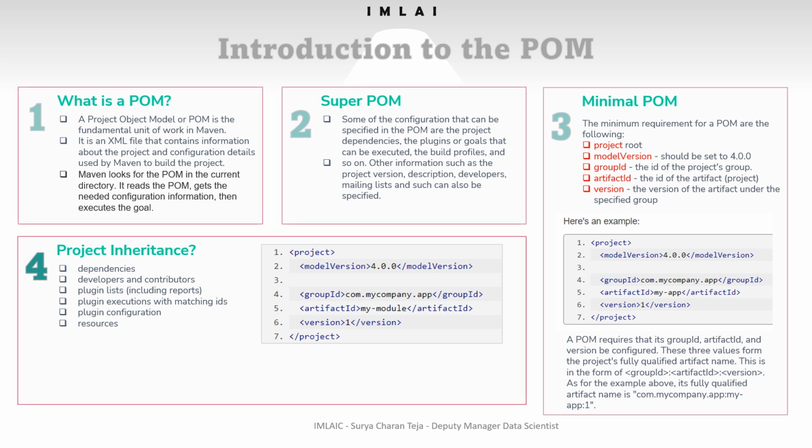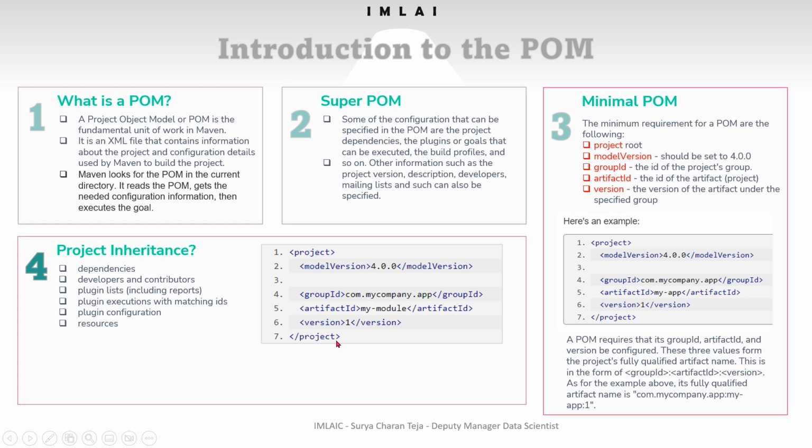So now let's see this example. For project inheritance, if we take the same example, let's reuse our previous artifact. So this is the one, minimal POM. So what is that artifact? com.mycompany.app:myapp:1, and let us introduce another artifact, com.mycompany.app, and then here instead of my app I would say my module, and then as usual the version I'll put 1.